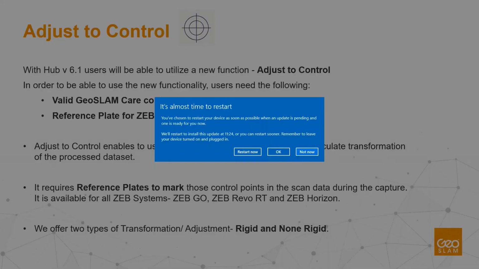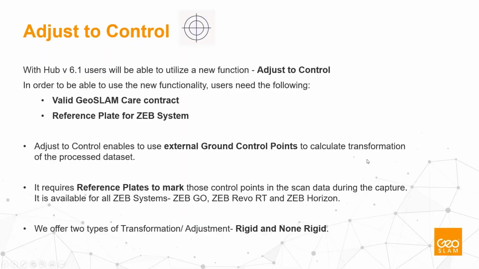And a reference plate has to be used for that system if you want to use Adjust to Control. Adjust to Control, in short, enables you to use externally measured ground control points to calculate transformations on your processed data set.